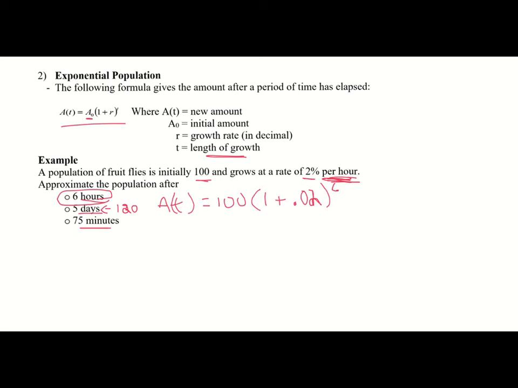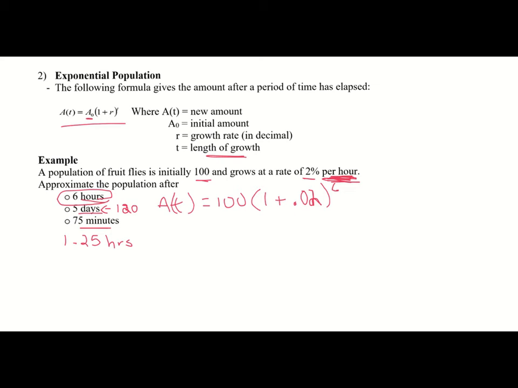And then 75 minutes, 75 divided by 60 to get hours is 1.25 hours. So again, you want to have your time or your growth in the same units as they give it to you. So that was what would be a little bit different with these.